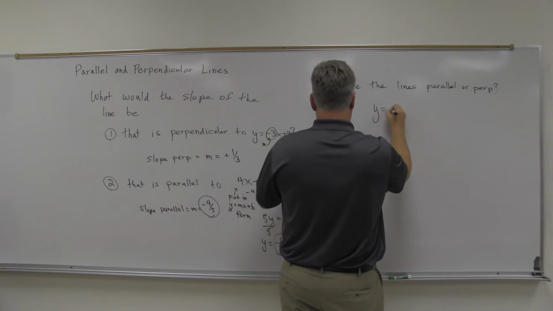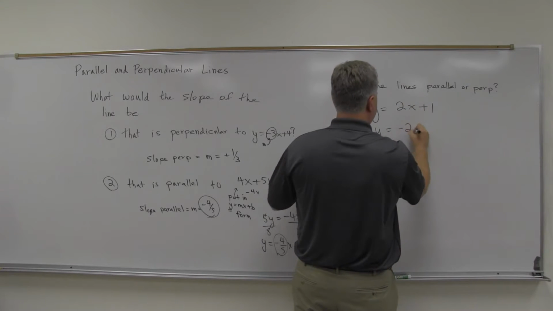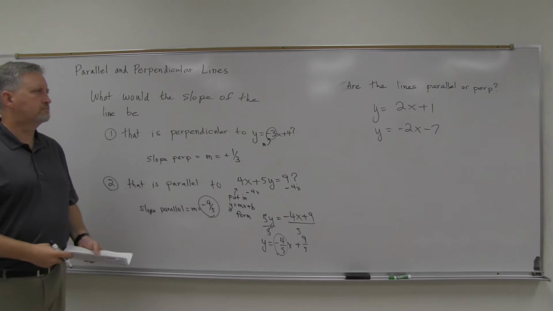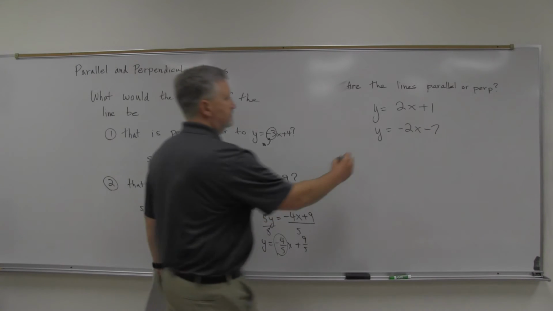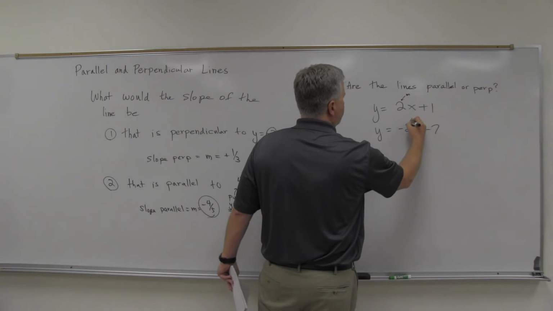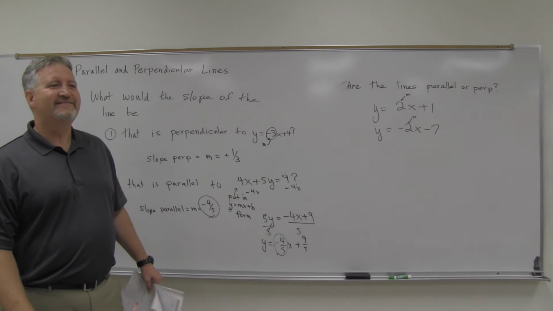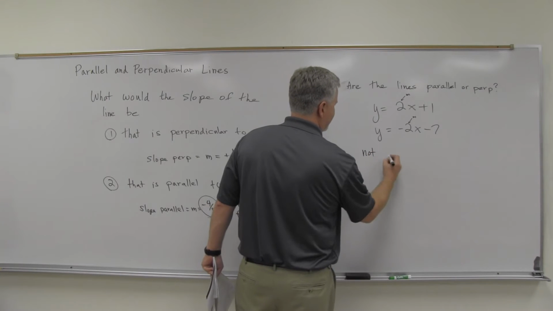So we'll do y equals 2x plus 1 and y equals negative 2x minus 7. Are those lines parallel? No, obviously not, because one has a slope of 2 and the other one has a slope of negative 2. Are they perpendicular though? No.